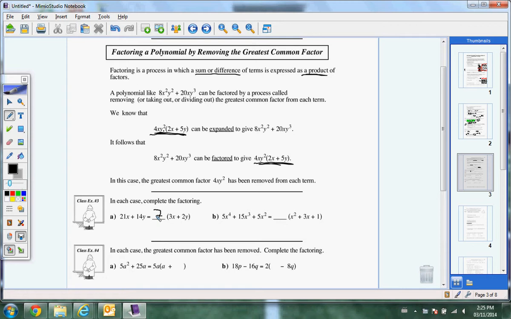All right. So what did they pull out right here? 5x squared. Very good, Mike. 5x squared. They all have a 5 in common. They all have at least an x2. 2, 3, and 4. So 2 is the smallest. Okay, good. All right, let's move it up here.